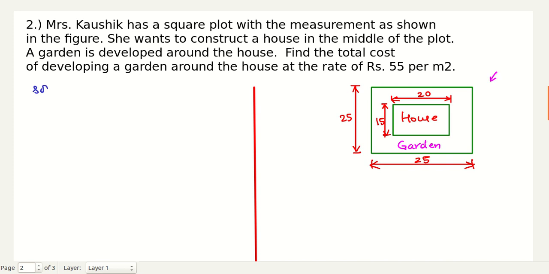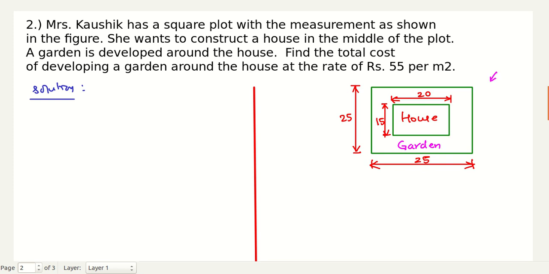Okay, solution. Now we know that from the given dimensions, first we will find the area of the entire plot. From the given dimension we can see that it's a square plot. Okay, the length is 25 and the breadth is 25, therefore we understand that it's a square plot.